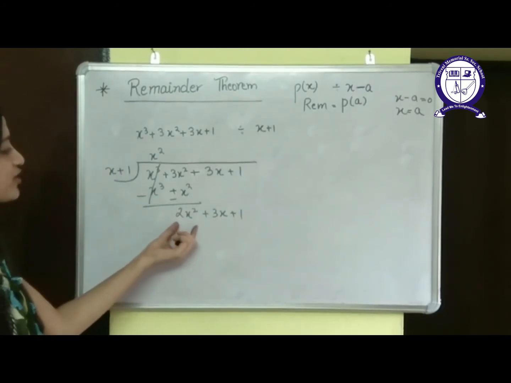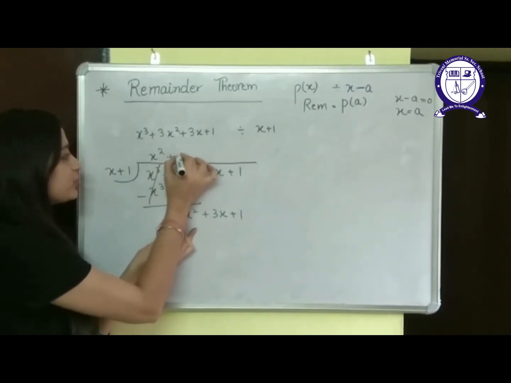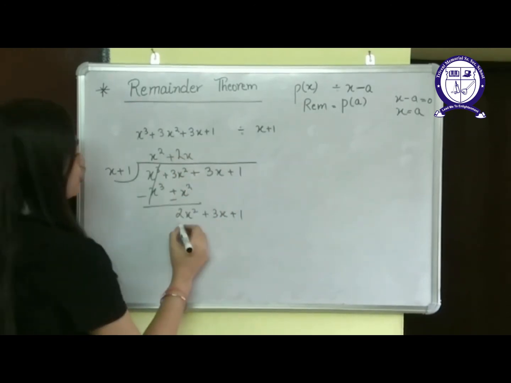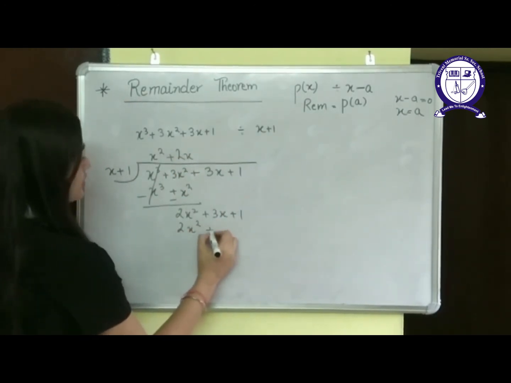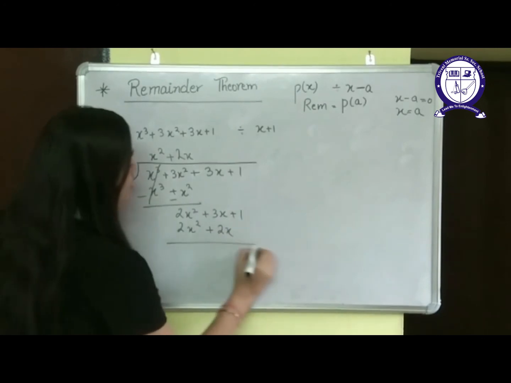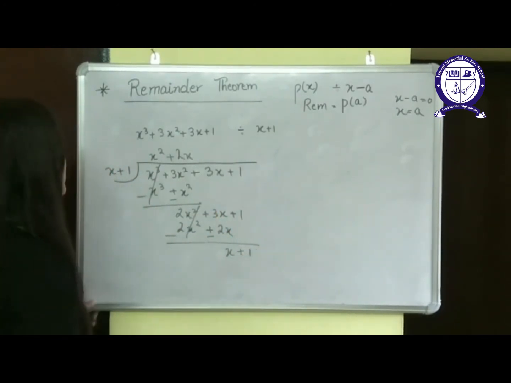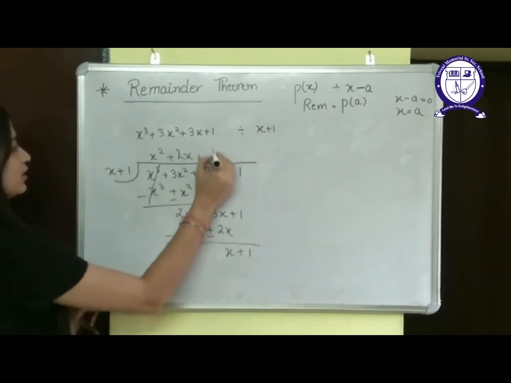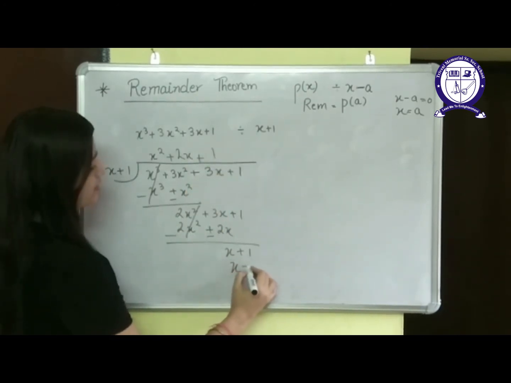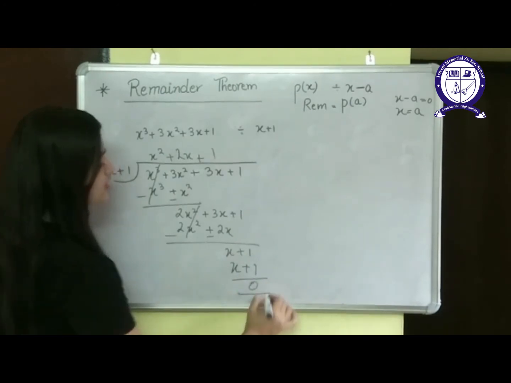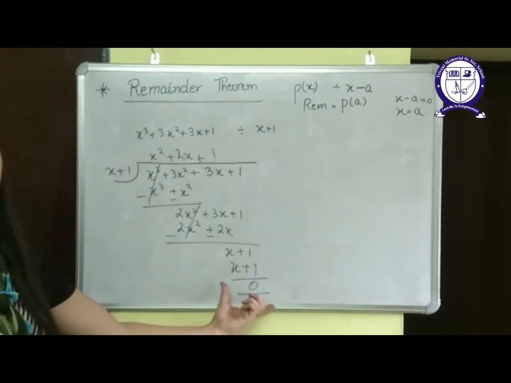Now I need 2x square here, so I will add 2x. So 2x square plus 2x. Again changing sign, x plus 1. So I will add 1 here and it will be x plus 1 and it will be 0. So my remainder is 0.